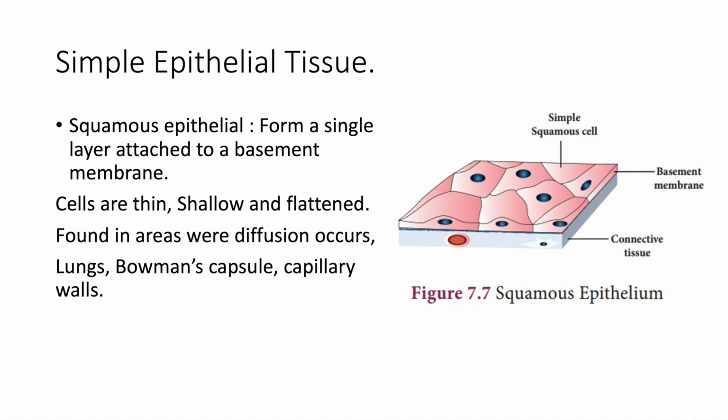And then they possess smooth linings, which allows relatively friction-free passage of fluids and materials. That is why they are very important to be found in the arteries and the veins and in the capillaries. Why? Because they have a smooth lining which allows materials to move without friction.